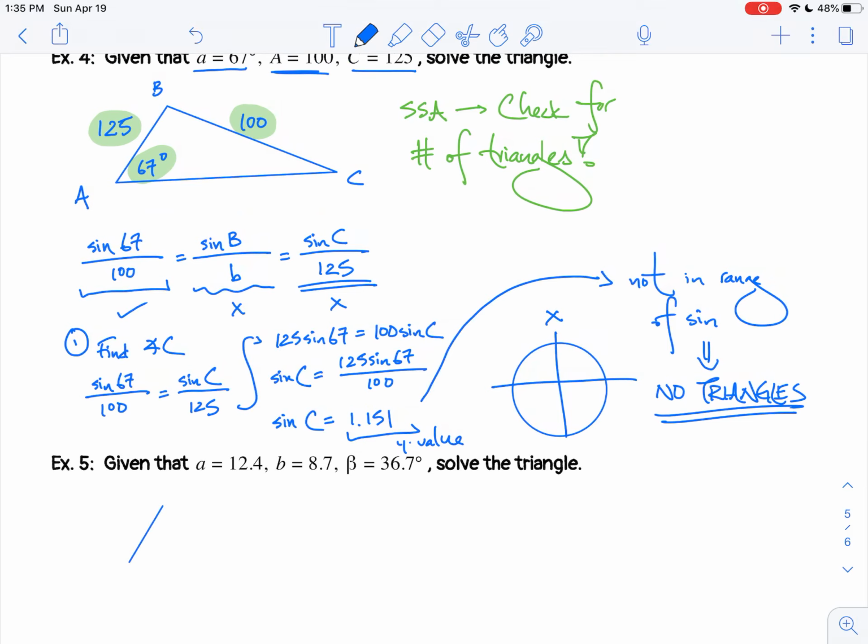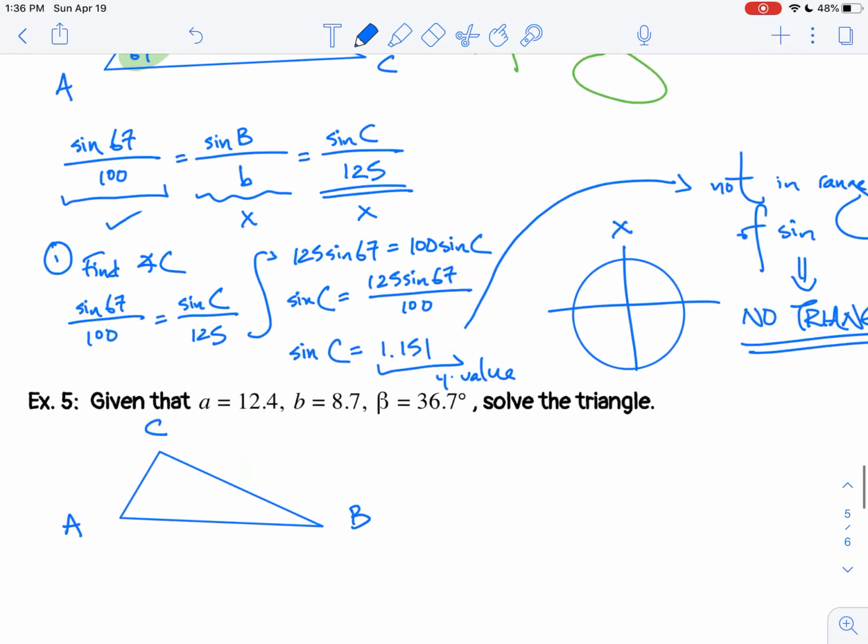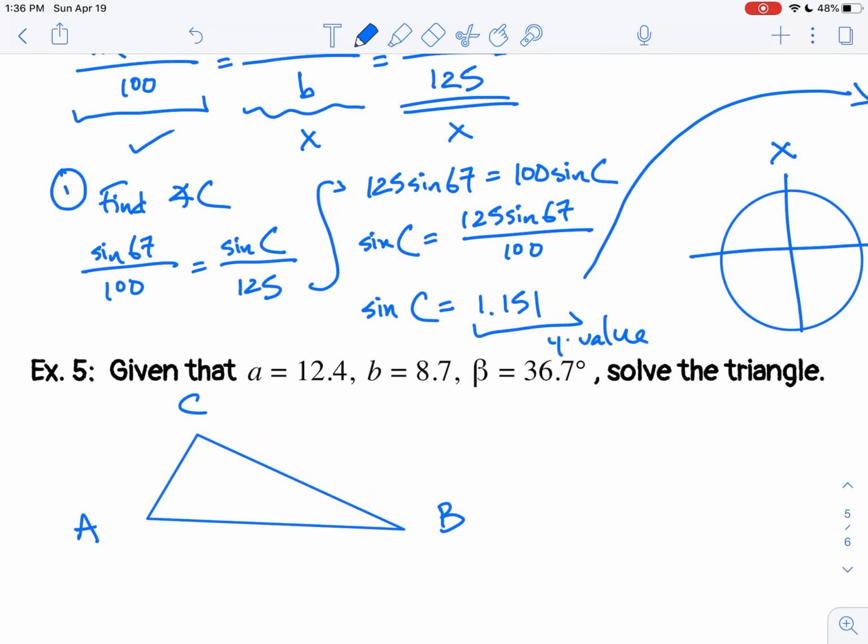I've got one side, I've got the other side, and I've got the third side. And I'm going to label them A, and I could put B here if I want, or C here. It doesn't really matter, we just have to get a diagram down. So I know that the side opposite A is 12.4. I know the side opposite B is 8.7, and this angle is 36.7.